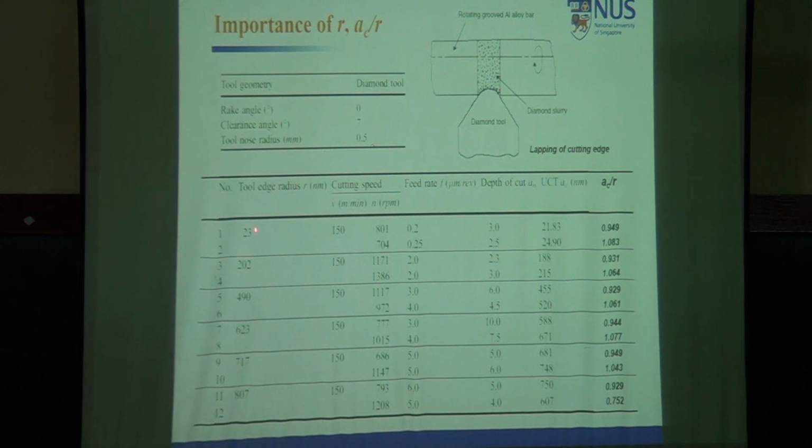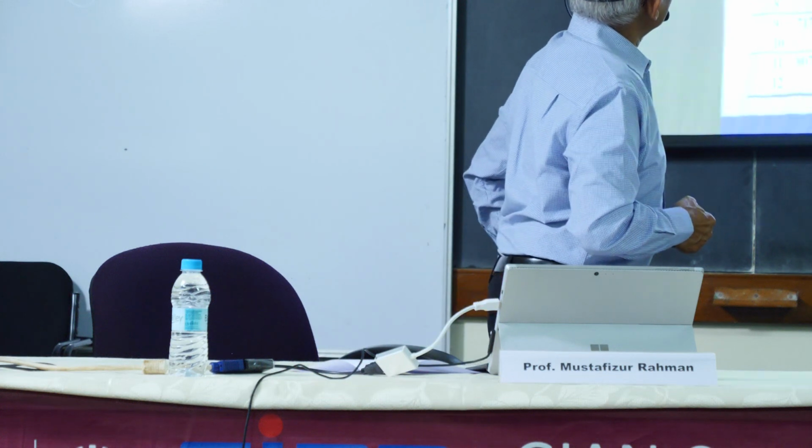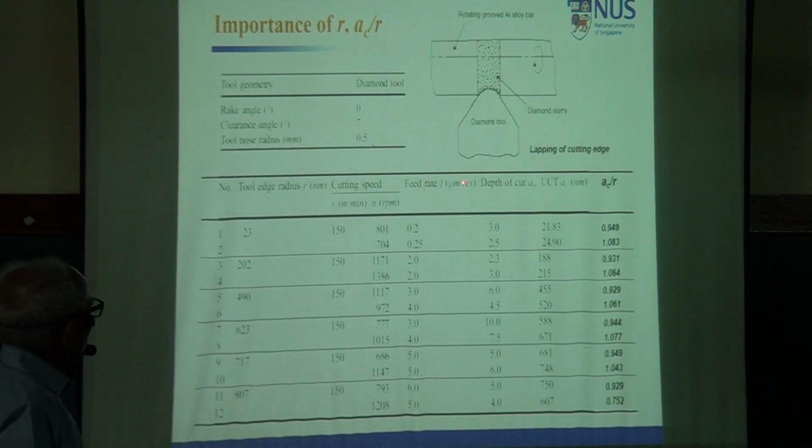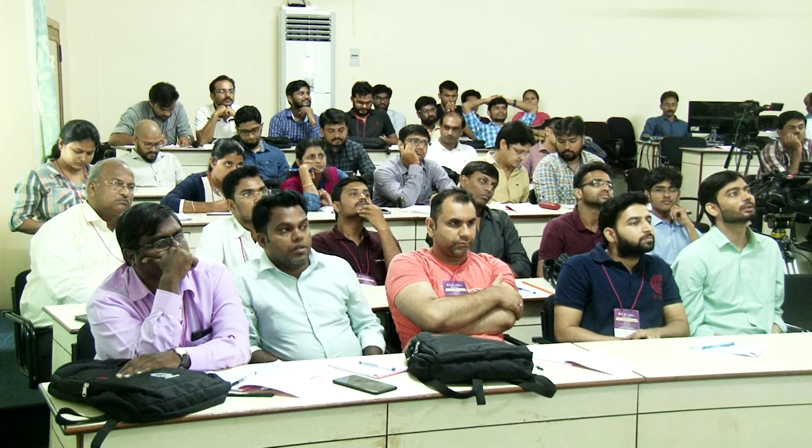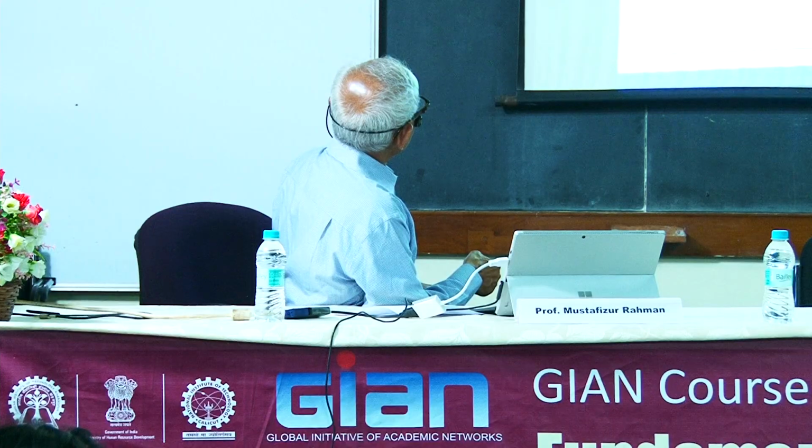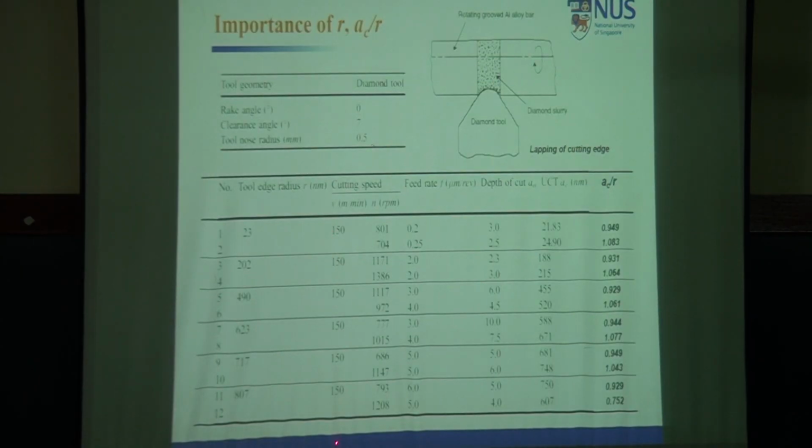When tool edge radius is 23, which is R, and feed rate in micrometer per revolution, depth of cut is A, take the ratio of A by R, and then tool edge radius 23, you can have higher edge radius, and same cutting speed.